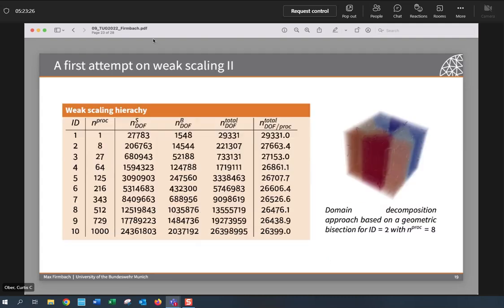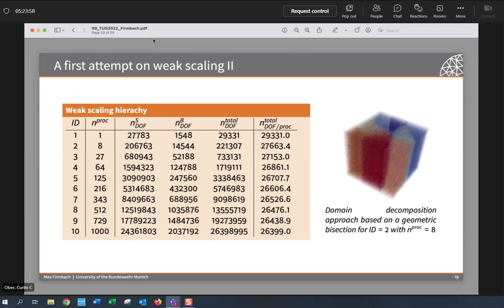And on the next slide, you can see the weak scaling hierarchy. On the rightmost column, you can see that the workload per processor differs a little bit, but it mostly stays constant over all these different examples. We use Sultan as our domain decomposition package, and we use a geometric bisection approach.